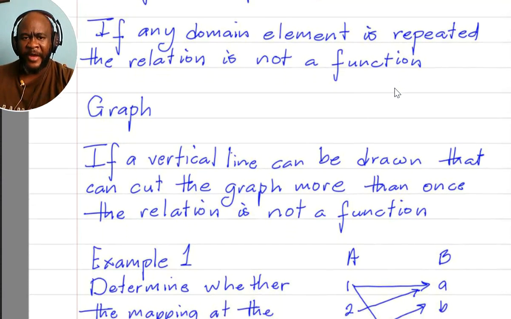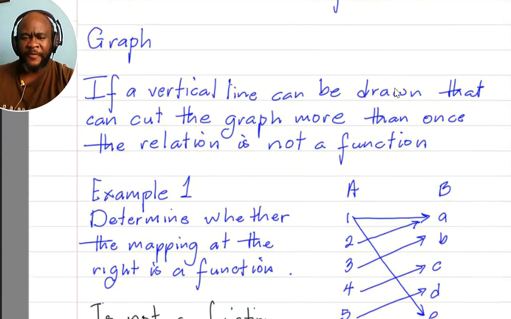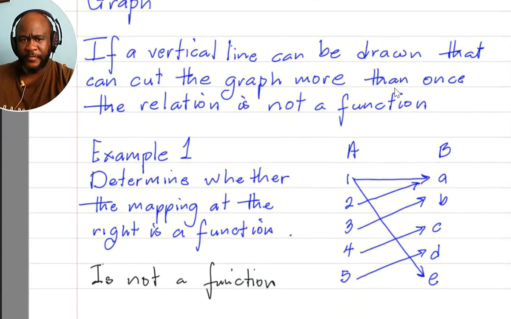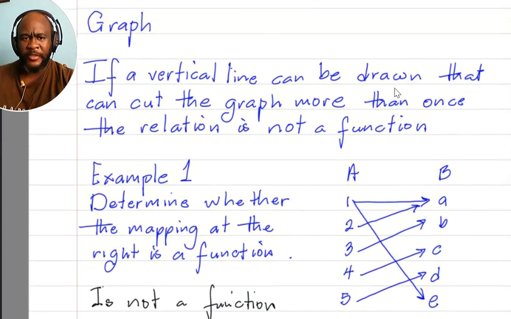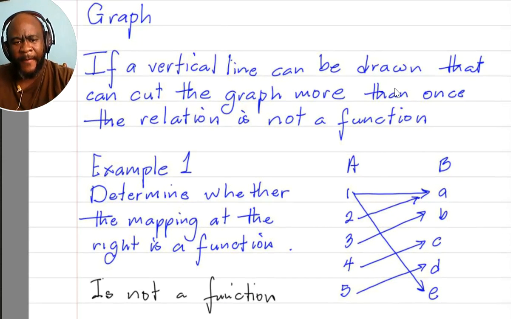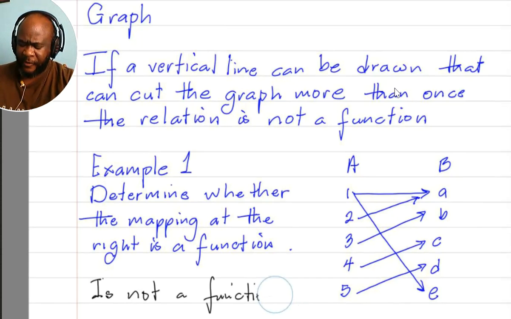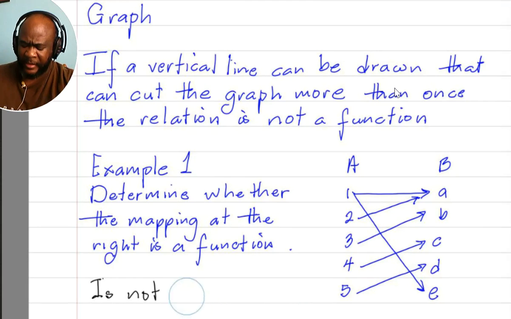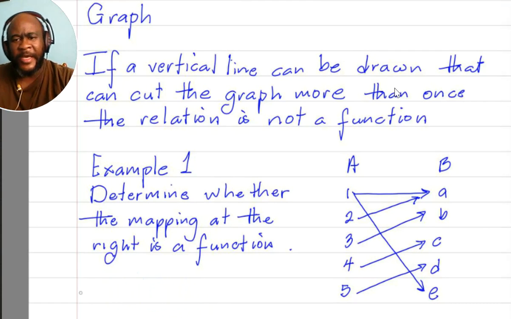Determining if a graph represents a function or not. If a vertical line can be drawn that cuts the graph more than once, the relation is not a function.